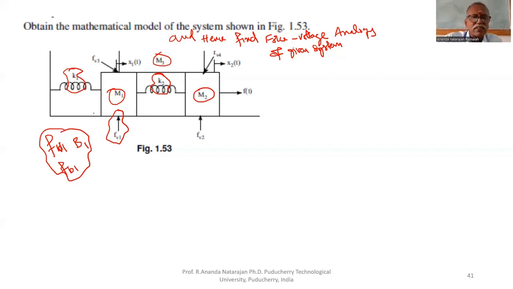Sometimes they will put it like this. Because of frictional force, this dashpot effect will be there. That is mentioned as FV1. Here FV2, between two masses also, that is mentioned. They mentioned FV3 and FV4.